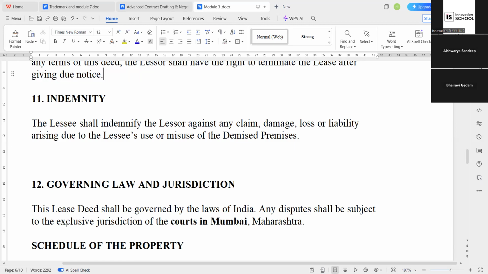Now, why do you need indemnification in a rental agreement? Because many a time, at least in Mumbai, I've seen cases wherein the people who were living on rent gave the address of the flat they were living in as their address for communication or permanent address, and then took a loan.